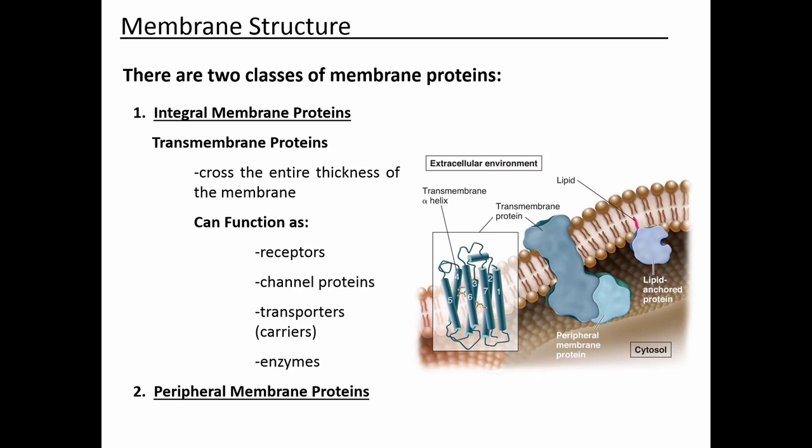The outside part of the transmembrane protein, on the outside of the cell, is going to bind to or grab onto a molecule on the outside of the cell. Then we're going to see that this activates the receptor, and the activation of the receptor on the inside of the cell is going to cause something to happen inside the cell. That's going to be one way that cells communicate with each other within a multicellular organism. They can also function, and we'll get to these two in this topic, as channel proteins and transporters. So channel proteins and transporters are transmembrane proteins.